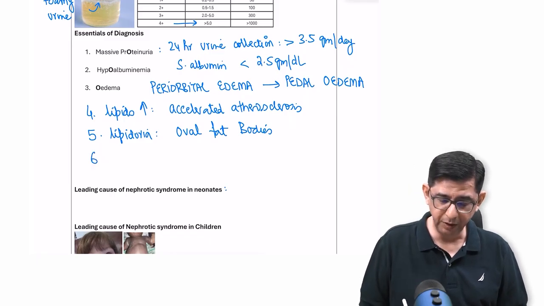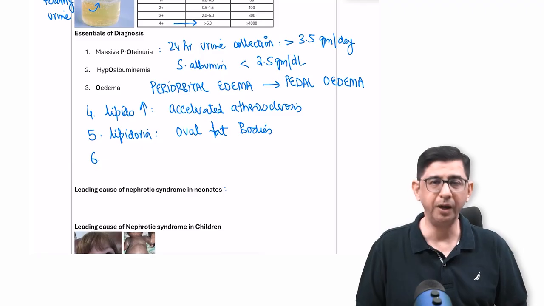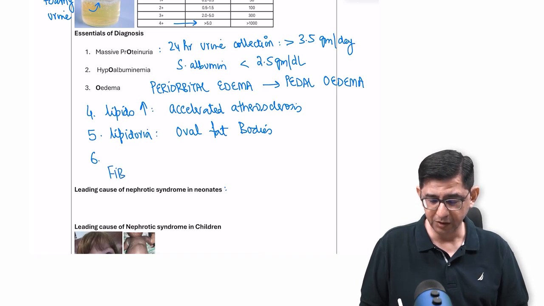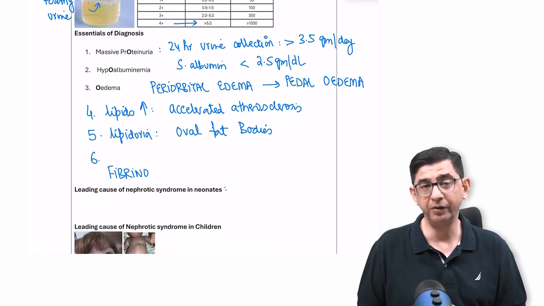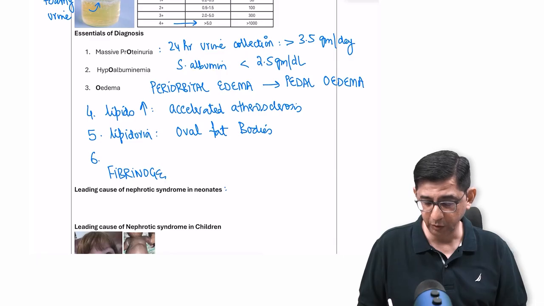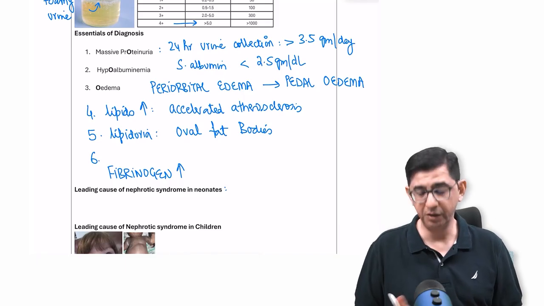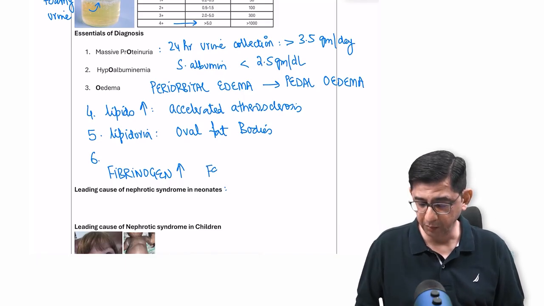Then along with hyperlipidemia and lipiduria, the sixth manifestation is that in nephrotic syndrome, because it's an acute phase state, or an inflammatory state, the values of fibrinogen in these patients can be elevated. You see, nephrotic syndrome is a condition where all proteins in the body can be lost.